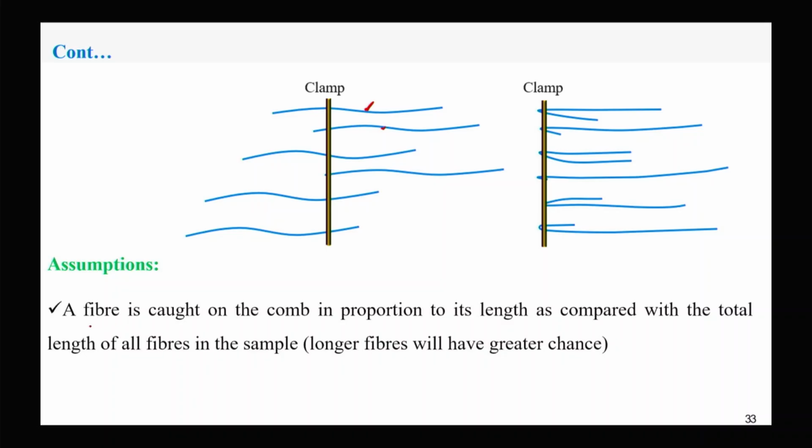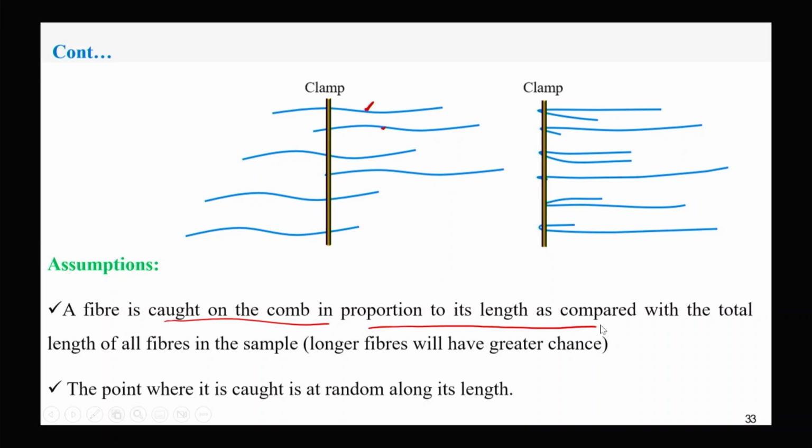The fiber is caught on the comb in proportion to its length. So longer fiber will have higher probability, and the point where it is caught is at random along its length.